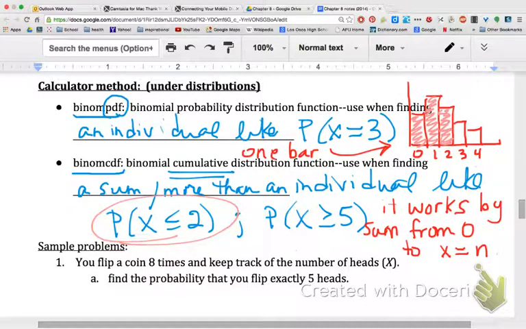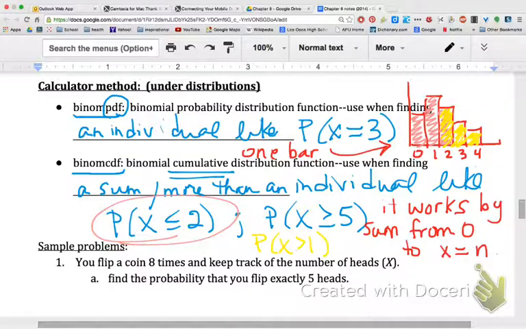Now, here's where it gets tricky, is if I want greater than or equal to, or let's just do greater than 1. So now I would want the 2 bar and the 3 bar and the 4 bar, but CDF is only going to do from 0 to the end of wherever I say.